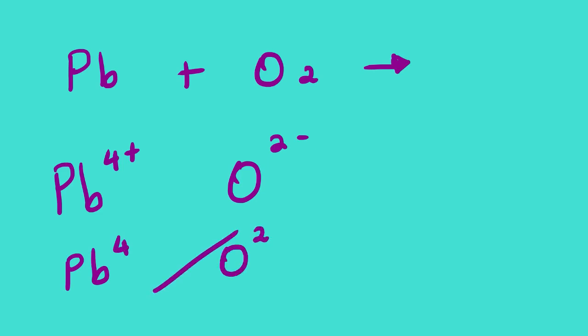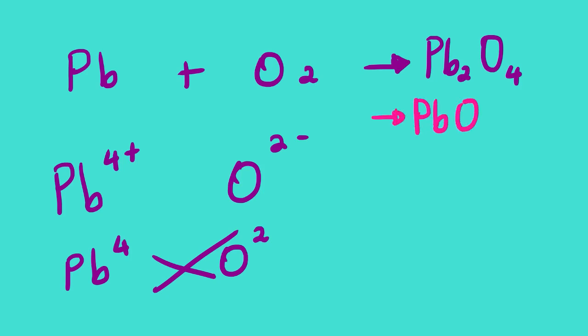In this case, when we cross multiply, we are going to get Pb2O4. So in this case, you can see that the subscripts are actually the multiple of each other. So we can divide by 2 both sides to get PbO2. So whenever the subscripts are a multiple of each other, we can simply reduce to the lowest common multiple.